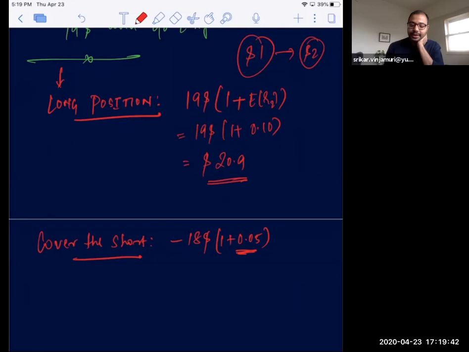So if you borrowed $18 worth, when you go to buy it back, we are expecting that it will be more expensive by 5%. Right? So if you buy this position back to cover the short, this is worth what, 18 times 1.05, so 18.90.